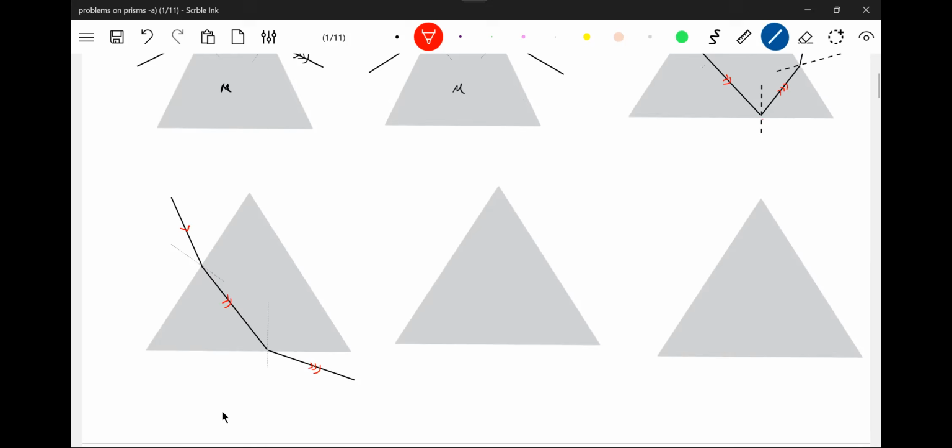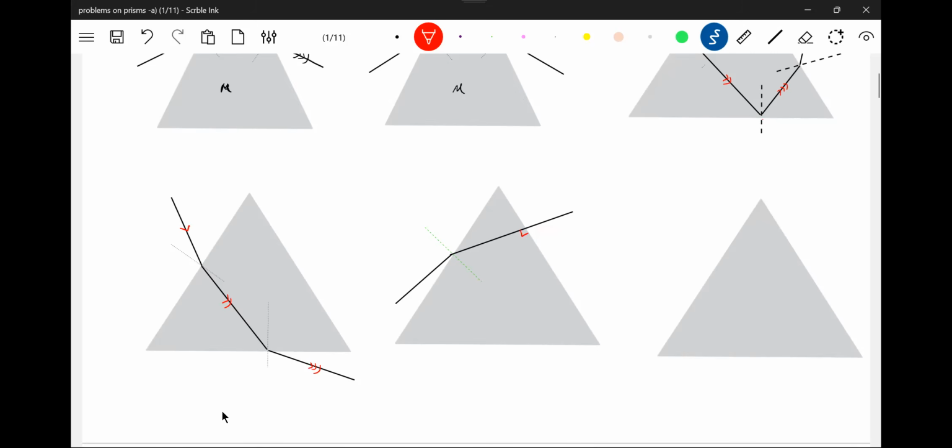Now the next situation: a ray is incident. We know it will undergo refraction. If it is incident normally, it will go undeviated. This is very important.